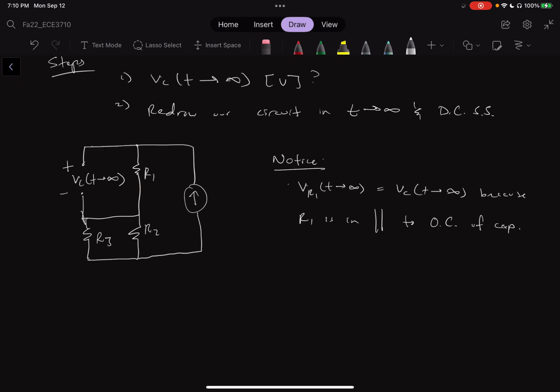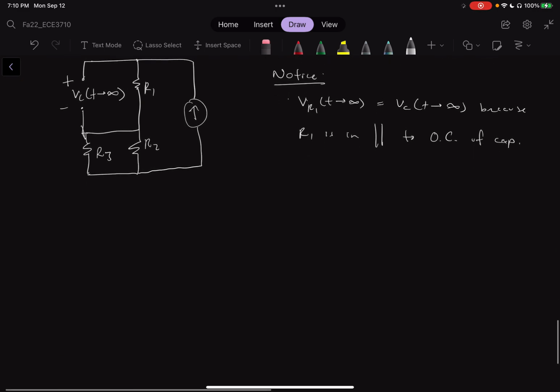Okay, so let's redraw that. We now have this is IS of t approaching infinity.